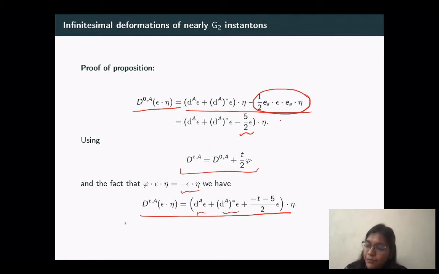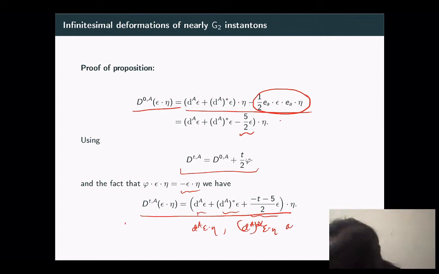Vice versa, if epsilon dot eta is in this eigenspace of D^A_t, then since d_A epsilon dot eta and d_A^* epsilon dot eta live in complementary, orthogonal spaces, basically d_A epsilon dot eta is in Lambda^2 dot eta and they are in orthogonal spaces, we can say that both of them must individually be 0, and from here we know that epsilon must be an infinitesimal deformation.